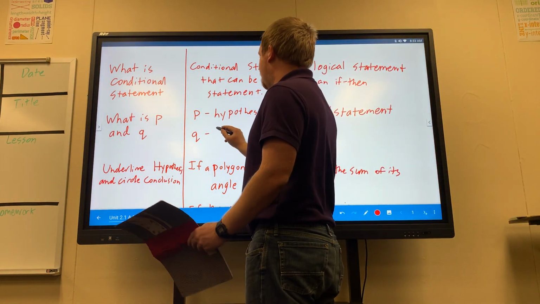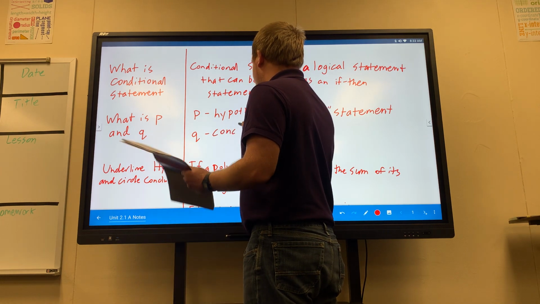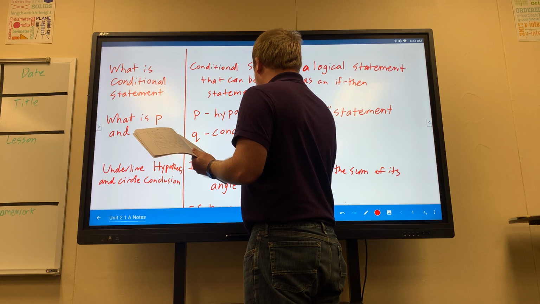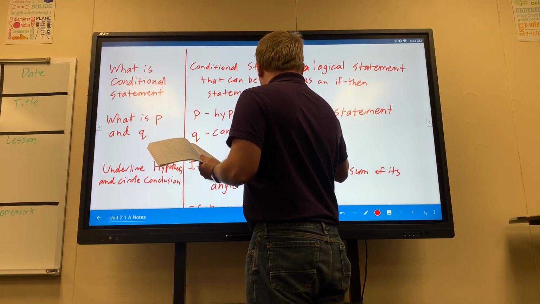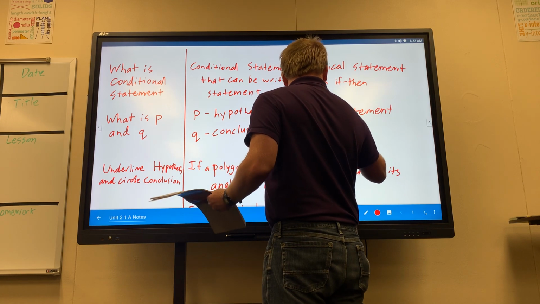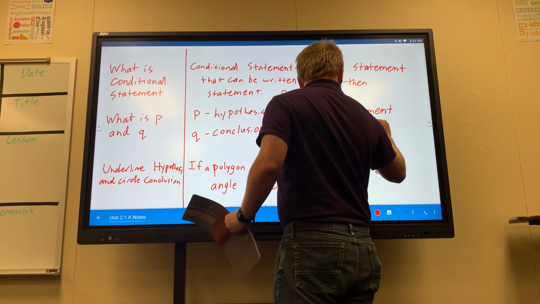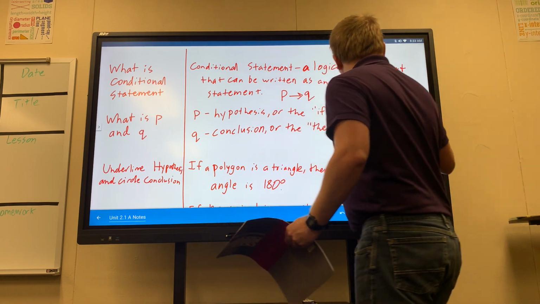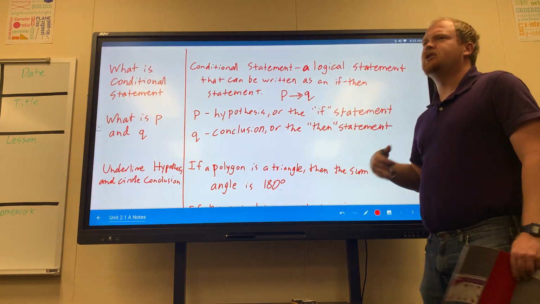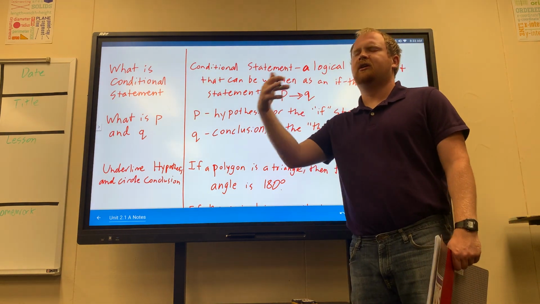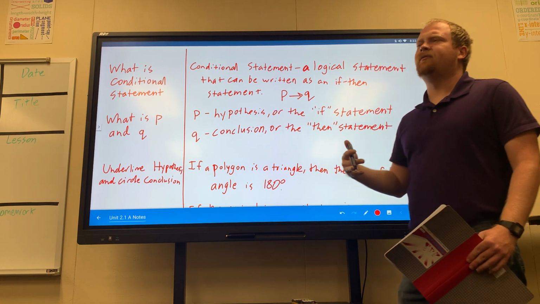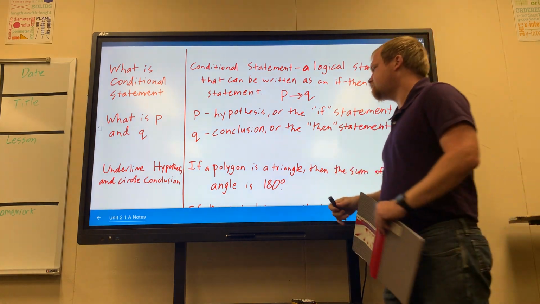Now the Q, however, is the conclusion, or the then statement. So this comes after then. The conclusion comes after the word then, just like how the hypothesis comes after the word if.